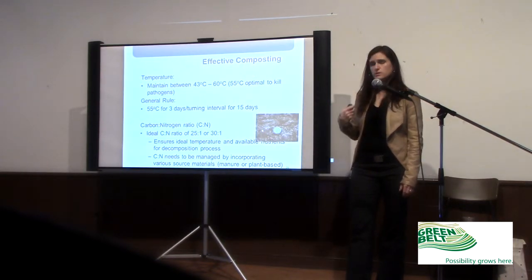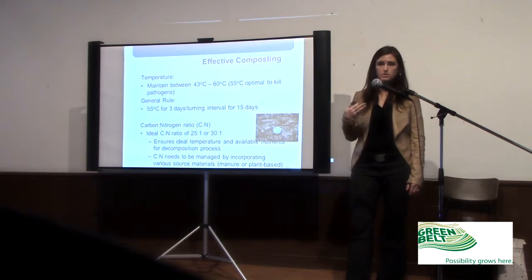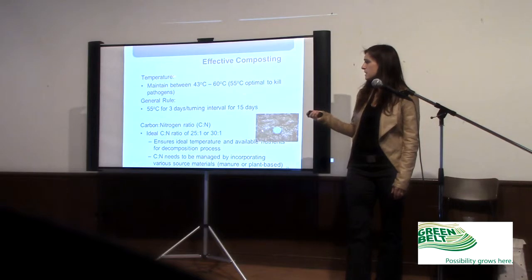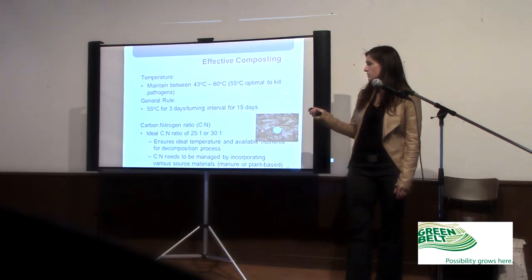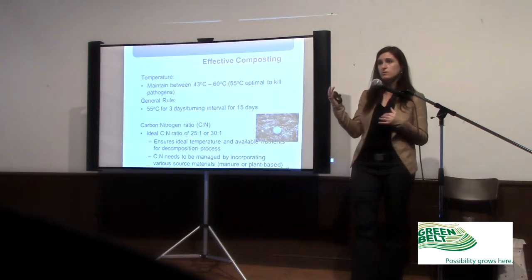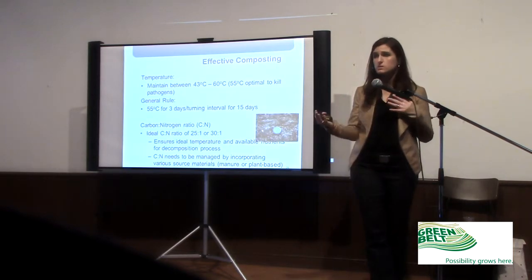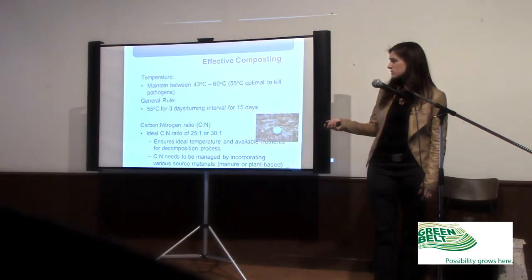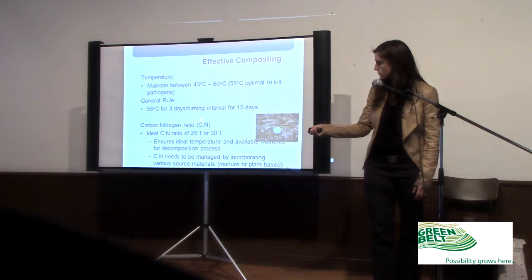So if you are going to be managing your compost pile, composting your manure yourself and turning it on a regular basis, you want to make sure that you're aiming for 55 degrees. Lower and the bacteria won't work, higher and you can kill even the good ones that are doing that decomposition process. So this is sort of your golden rule right here.